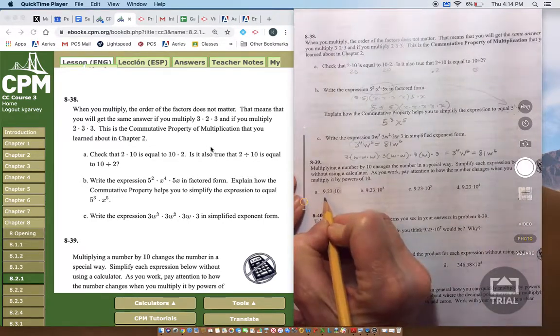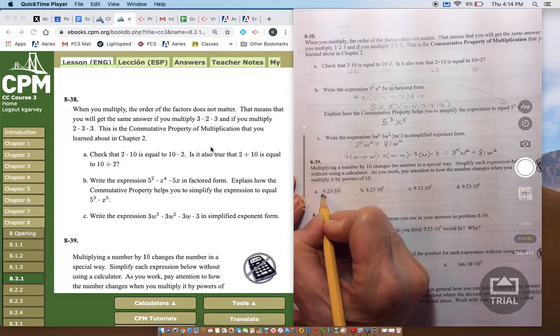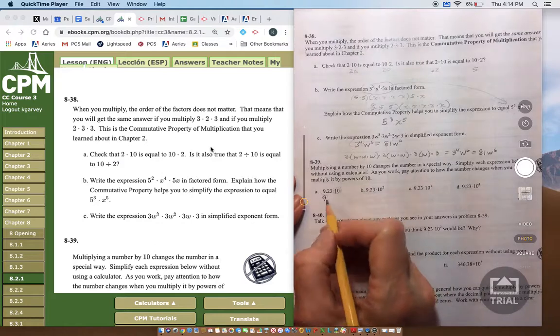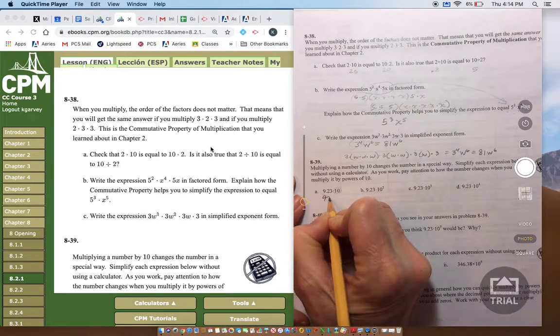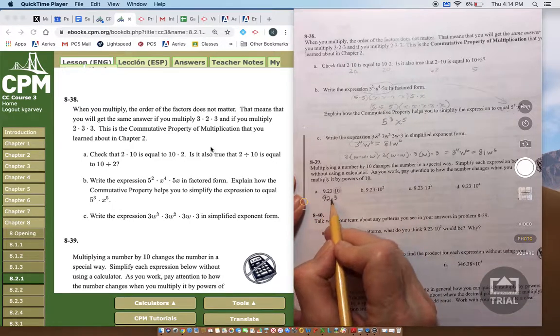So we do that just by moving the decimal point back one place. So if we're multiplying 9.23 by 10, we're really making that number bigger. So we know that we're going to end up with a bigger number, and we do. It's 92.3.